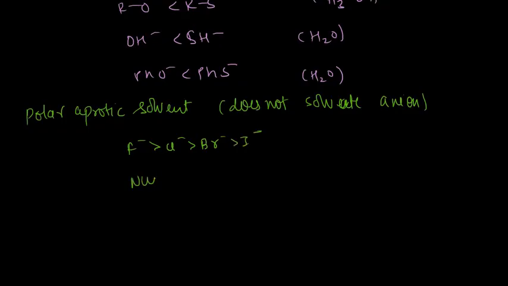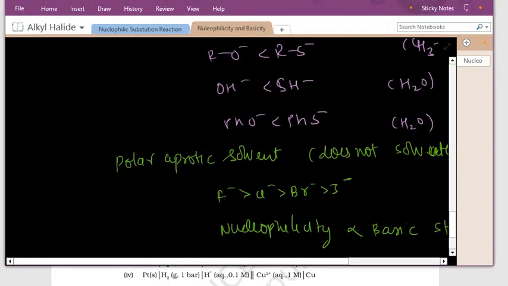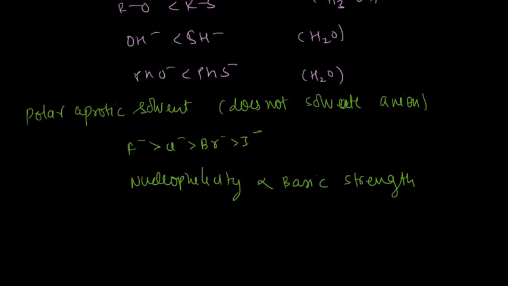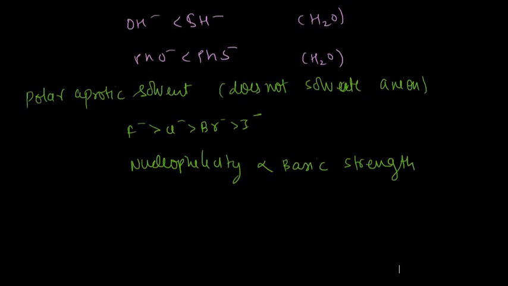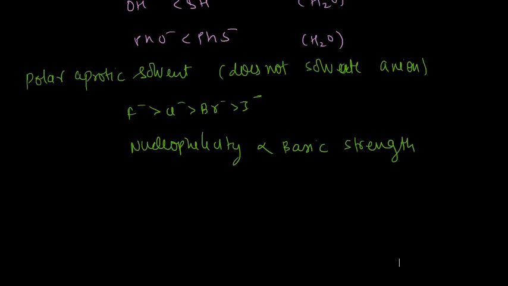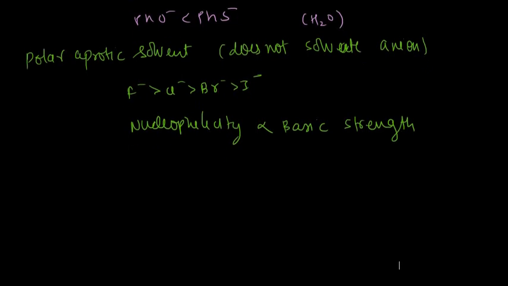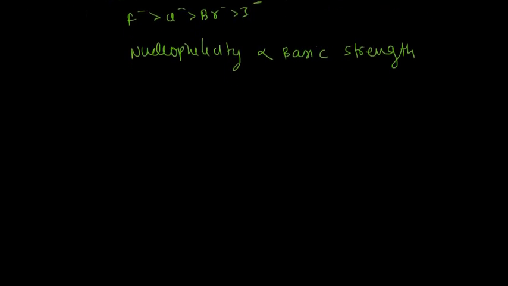So nucleophilicity is directly proportional to the basic strength. If the anion is not solvated, then the more the basic strength, the more the nucleophilicity. Nucleophilicity is directly proportional to the basic strength, right?